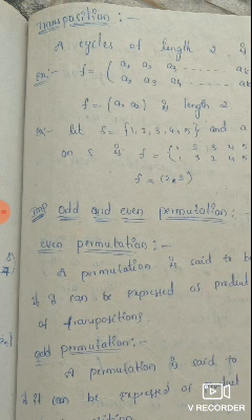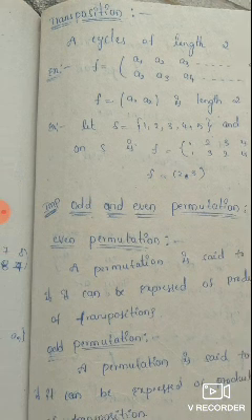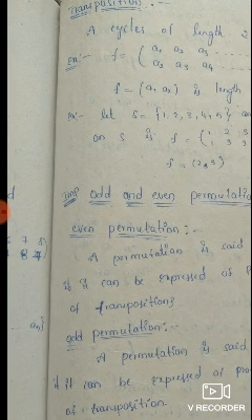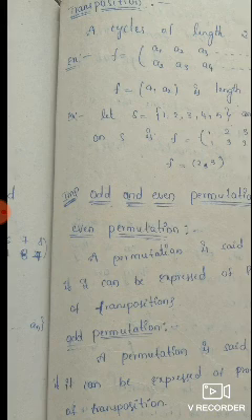After those things, now we get odd and even permutations. We can find out the number of transpositions. If the number of transpositions in a permutation is even, that permutation is an even permutation. If the number of transpositions in a permutation is odd, that is an odd permutation. Like that we can define odd and even permutations.